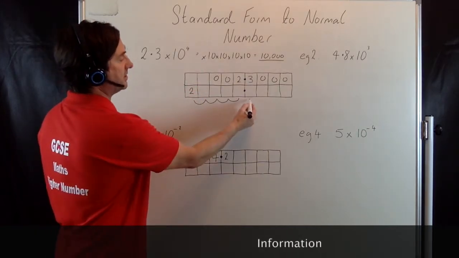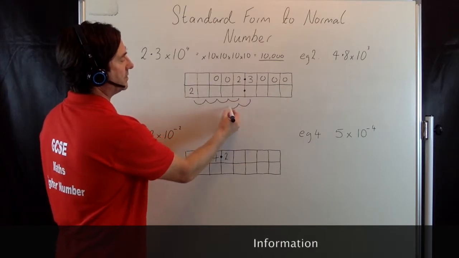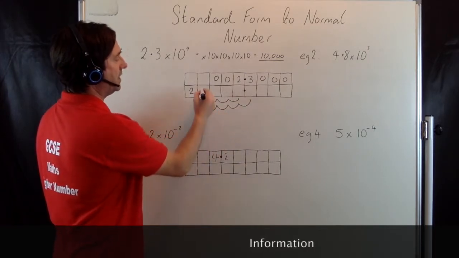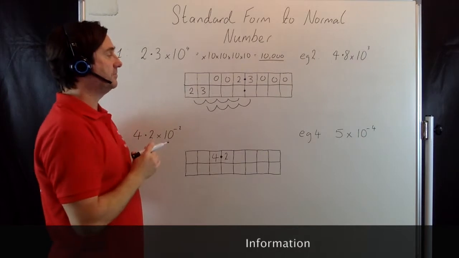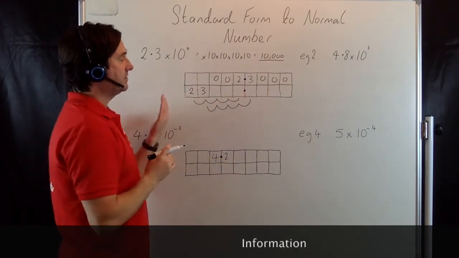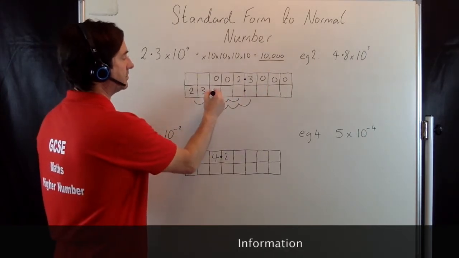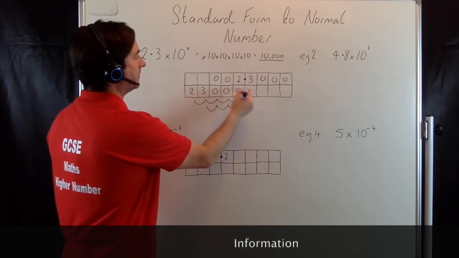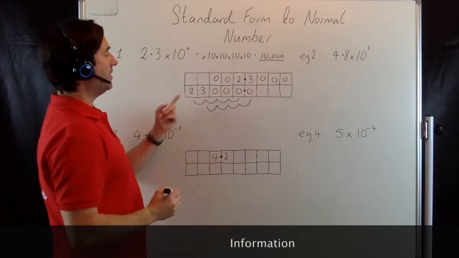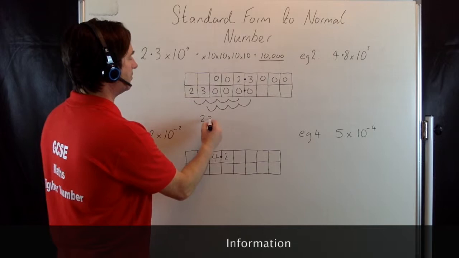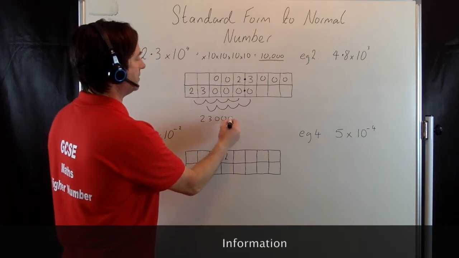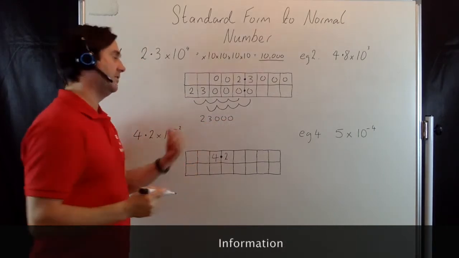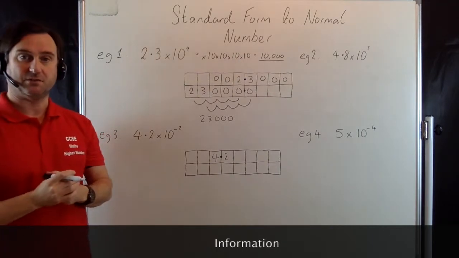The 3 is going to move 4 places, 1, 2, 3, 4, going in front of the 2. And then all these zeros are going to move 4 places as well. So we're going to get our answer 2, 3, 0, 0, 0, 0.0. We don't have to write the 0.0.